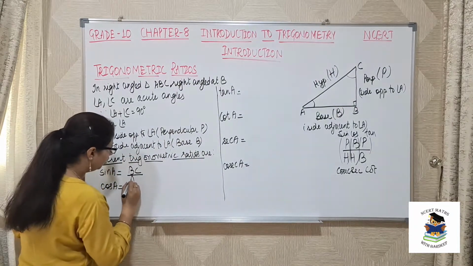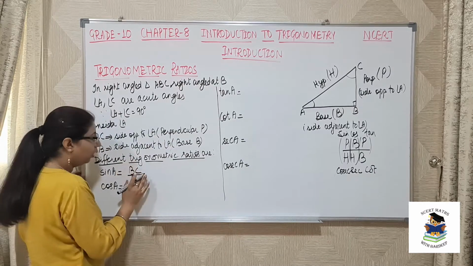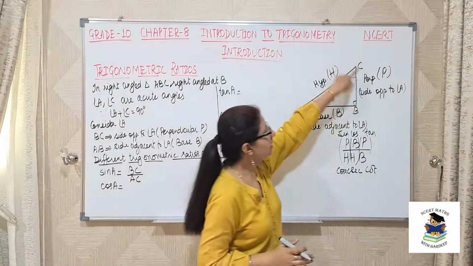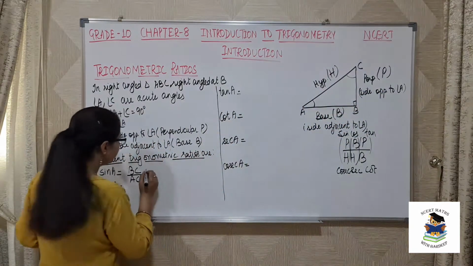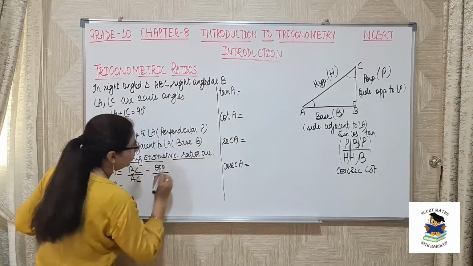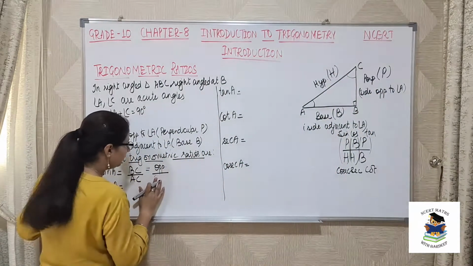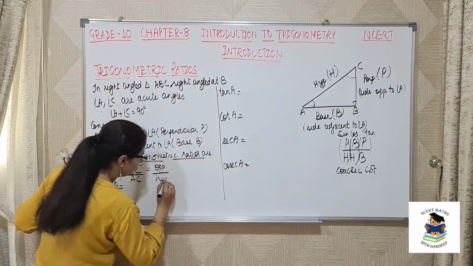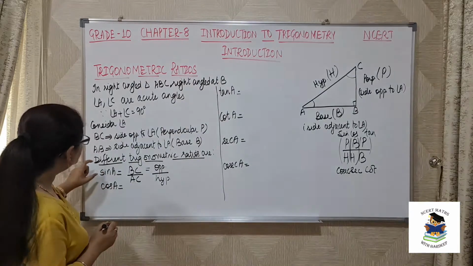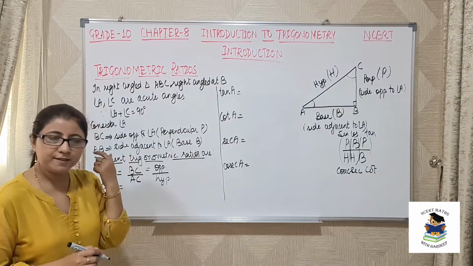So BC over AC is sine of A. Or we can say BC is the opposite side, so in your textbook it is referred to as opposite over hypotenuse, since AC is the hypotenuse. So opposite over hypotenuse is sine of A. This is not read as sin A, this is sine of A. A means the angle under consideration.